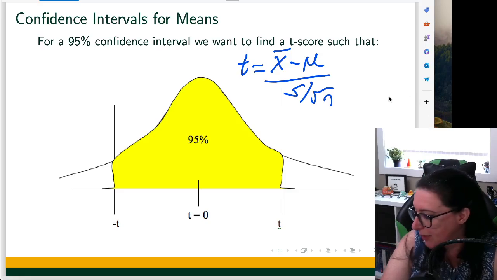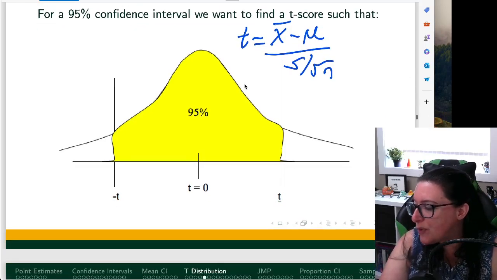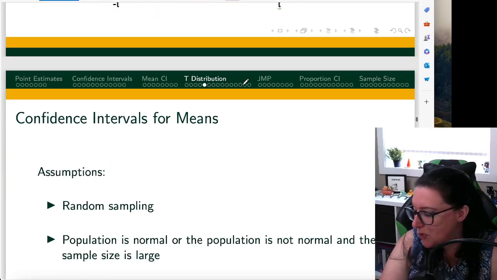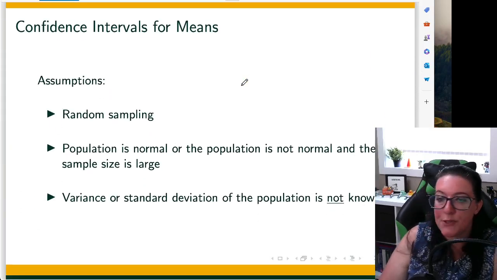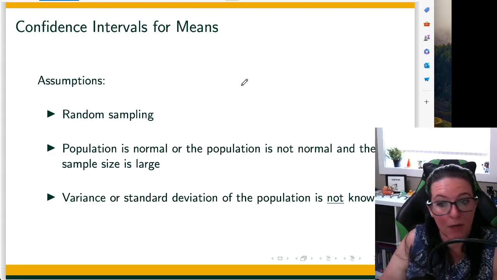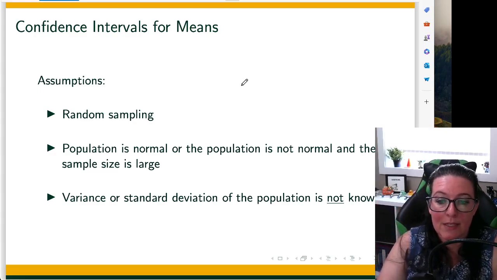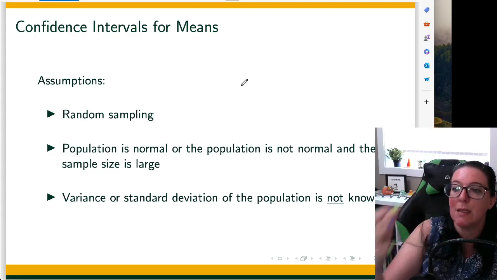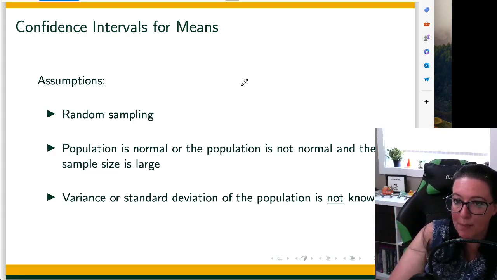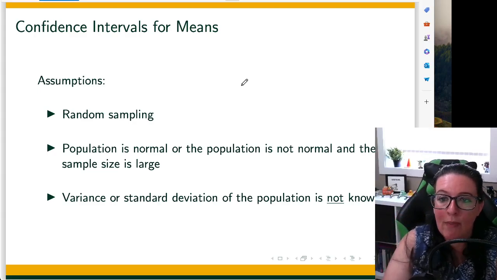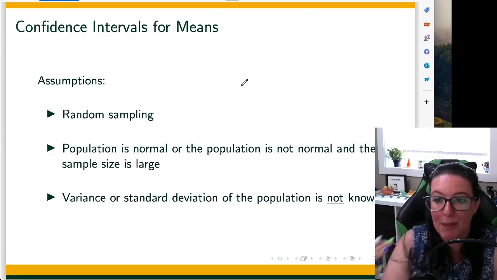If we're doing confidence intervals for means using the t distribution, we are assuming random sampling. Again, we need the data in our sample to be similar to the population so we can extrapolate. We are assuming that the population is normal, or that the population is not normal and the sample size is big enough, so we're still applying the central limit theorem.